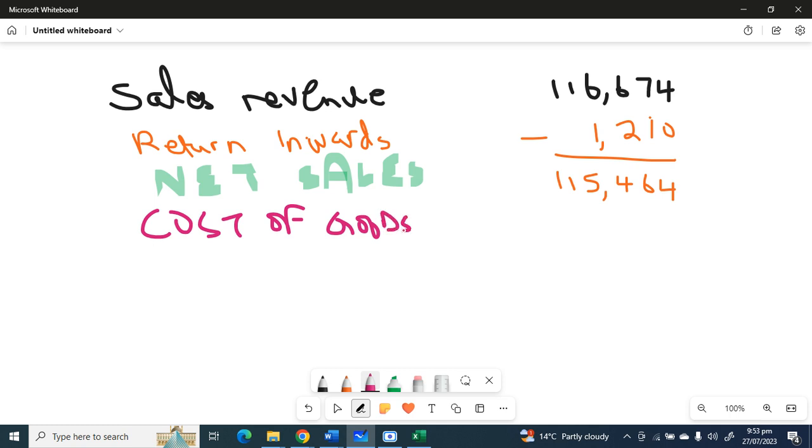All right. This is the figure that we want. Once we determine the cost of goods sold and we deduct that from our revenue, that gives us our gross profit. Gross profit is basically sales minus cost of goods sold.